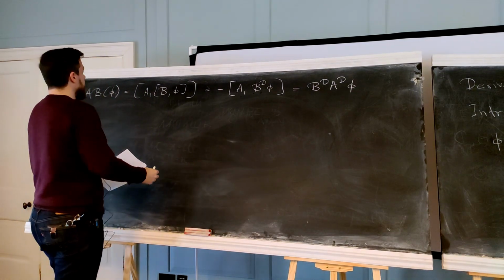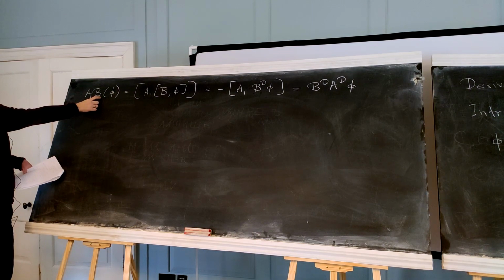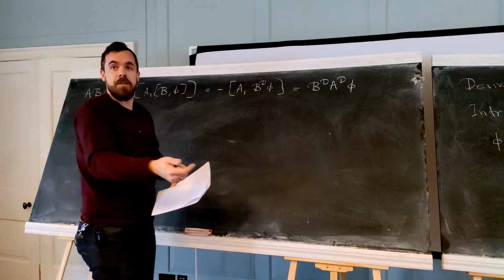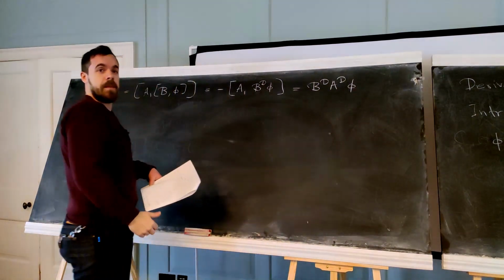And so what I found is that for these abstract operators, B acts first and then A, but when I go to the differential representation, it's A that acts first and then B. Okay?